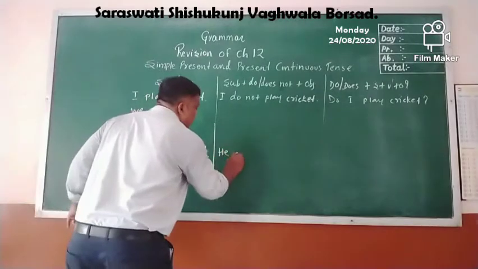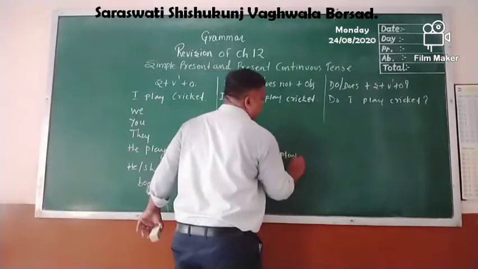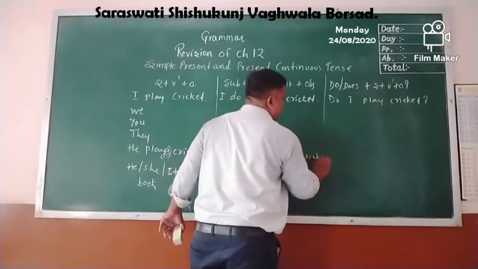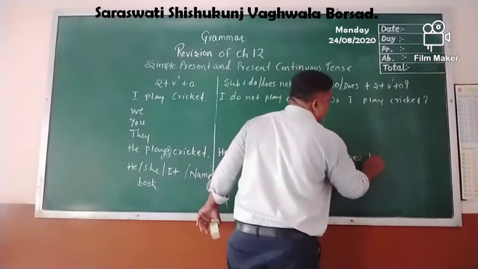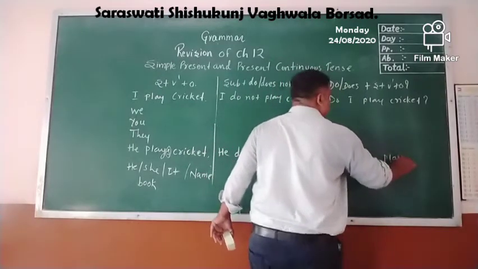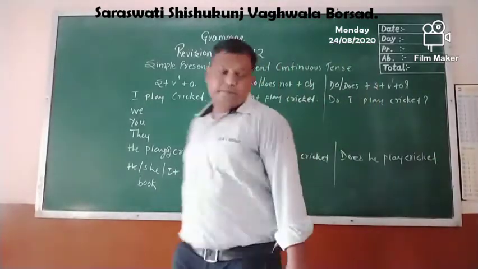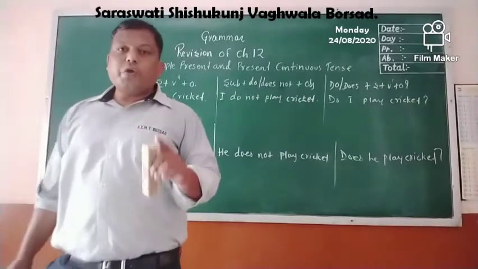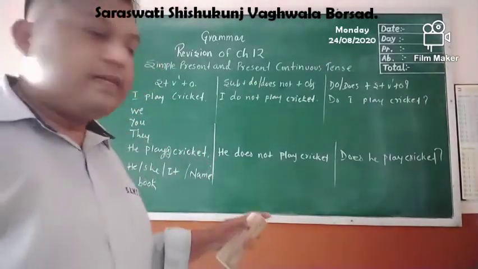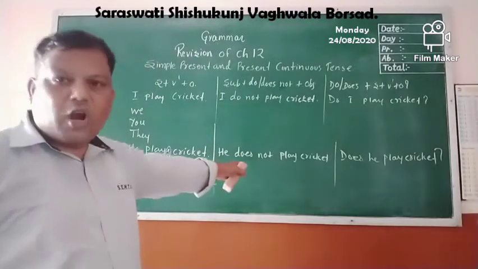So he plays cricket, and negative what will become? He does not play cricket. And interrogative, does he play cricket? And again question mark. So you see here what we have done: he plays cricket, he does not play cricket.